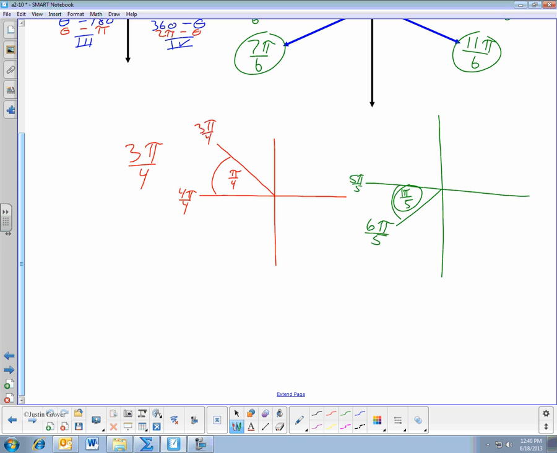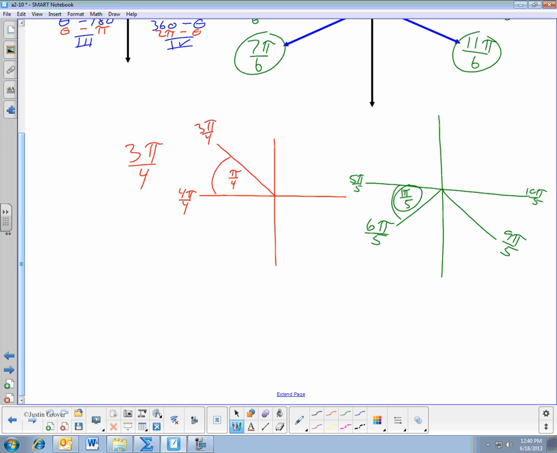The quadrant 4 relative of these, well, it's 1 pi over 5 short of 2 pi, which is 10 pi over 5, and we're 1 pi short of that, so that's going to be 9 pi over 5.